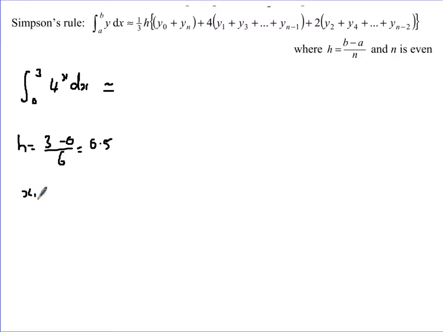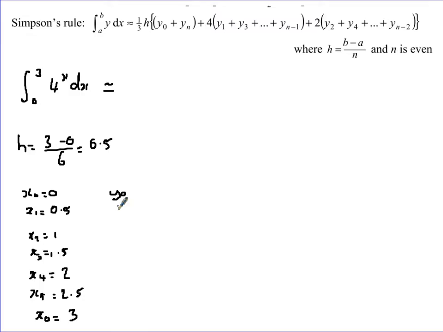jumps are. So x0 is 0, x1 is 0.5, x2 is 1, x3 is 1.5, x4 is 2, x5 is then 2.5, and x6 then is 3.